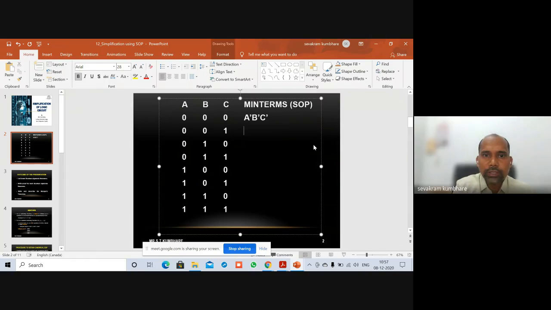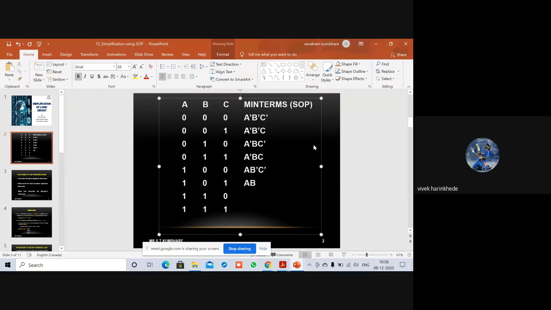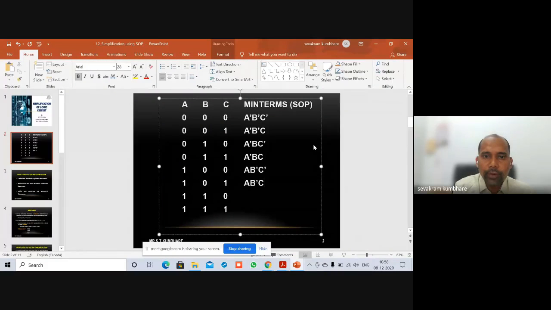For 0, 0, 1, it is A bar, B bar, C. For 0, 1, 0, it can be A bar, B, C bar. For 0, 1, 1, it is A bar, B, C. For 1, 0, 0, it is A, B bar, C bar. For 1, 0, 1, it is A, B bar, C. For 0, I am writing bar. For 1, I am writing normal. Then for 1, 1, 0, it is A, B, C bar. For 1, 1, 1, it is A, B, C.